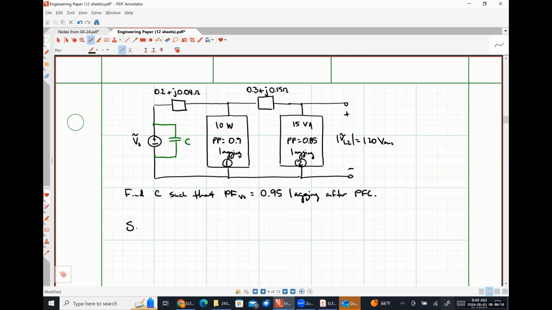So let's find the complex power absorbed by load 2 first.